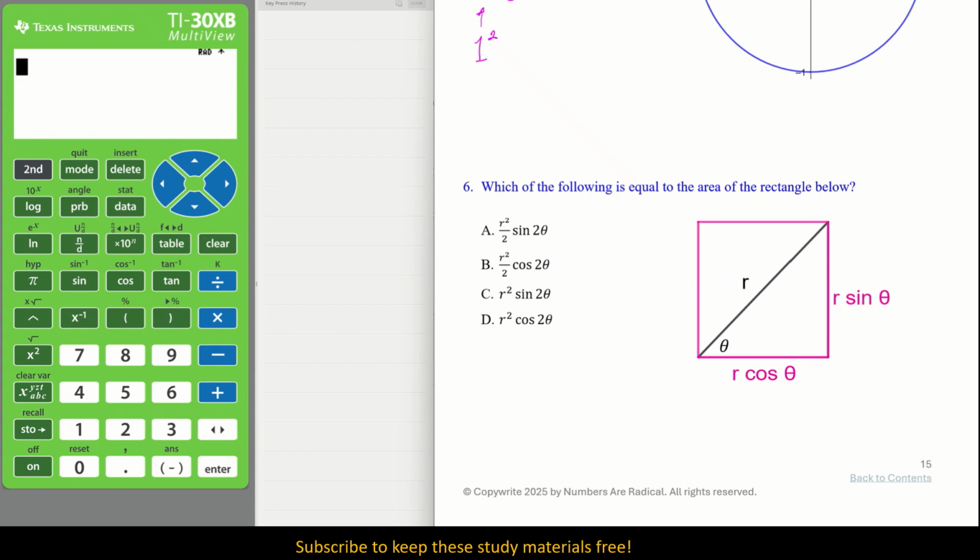This is kind of a tricky conundrum, and it has to do with double angles. And I know that because I'm seeing this 2 times theta.